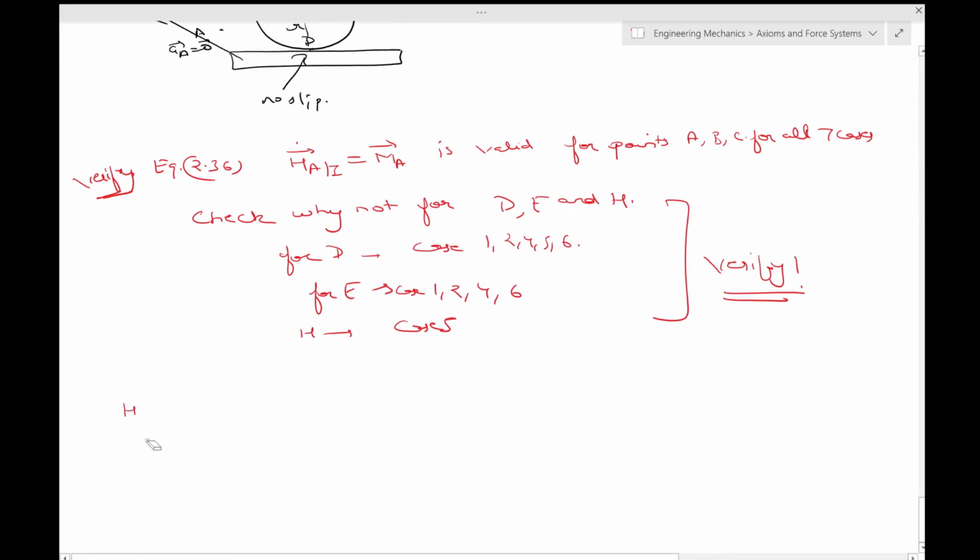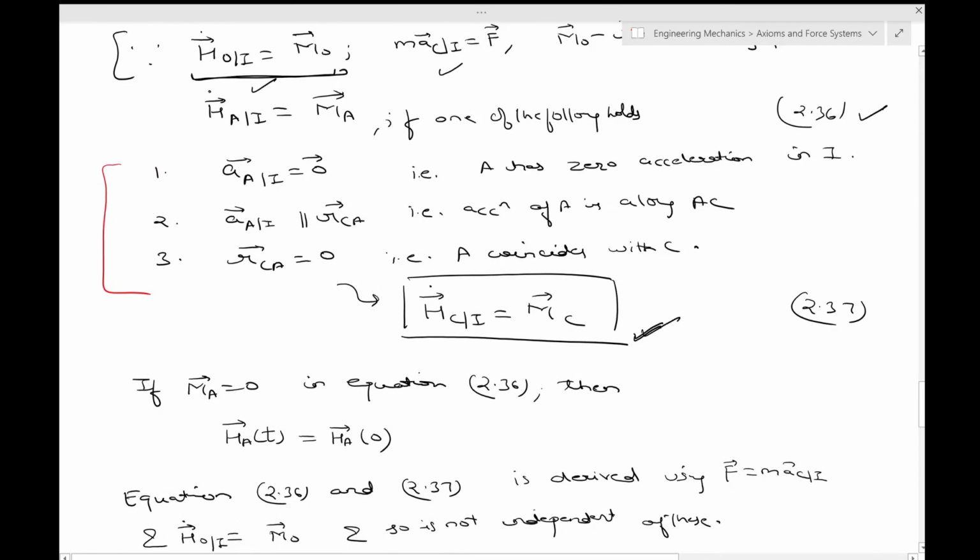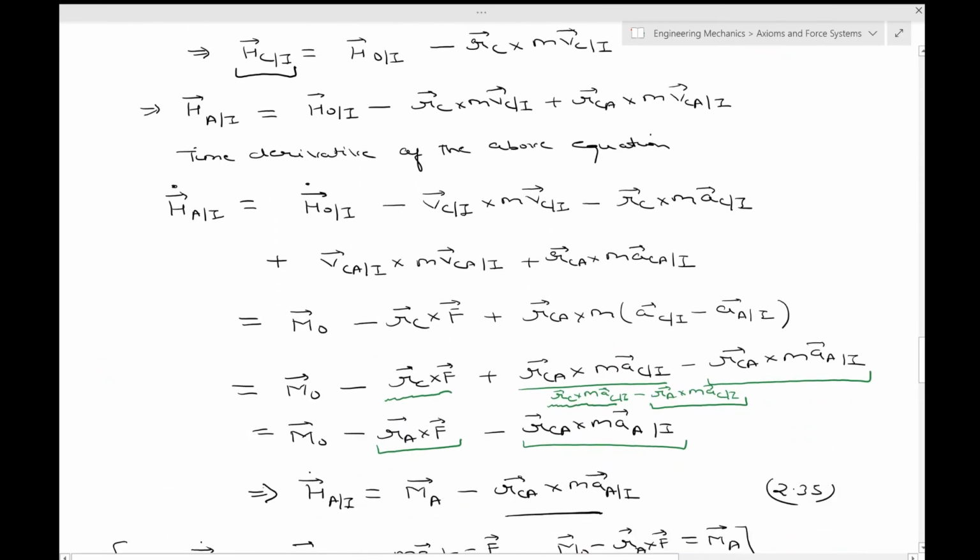So let's now discuss the H C dot, M A relation, which we haven't really dealt with, where H C dot is the time derivative of the moment of momentum about the center of mass, and M A is the moment due to the forces about an arbitrary point A. Okay, so this is the relation for an arbitrary point A. So we want to have an equation which looks like 2.35.